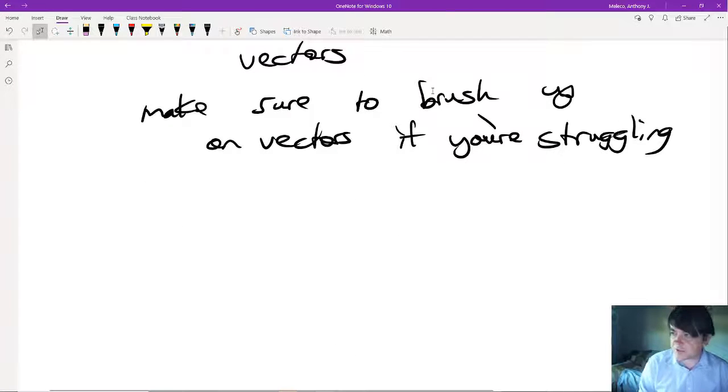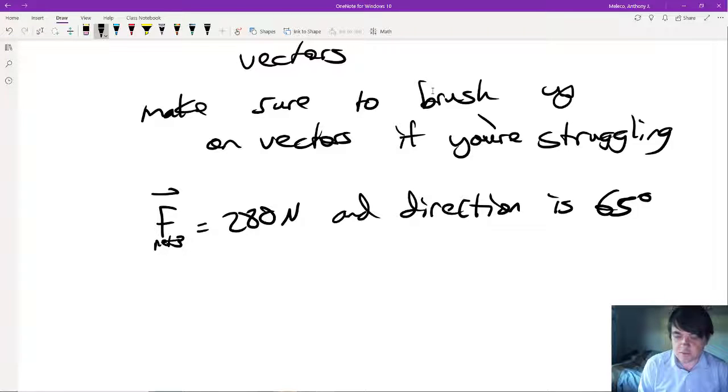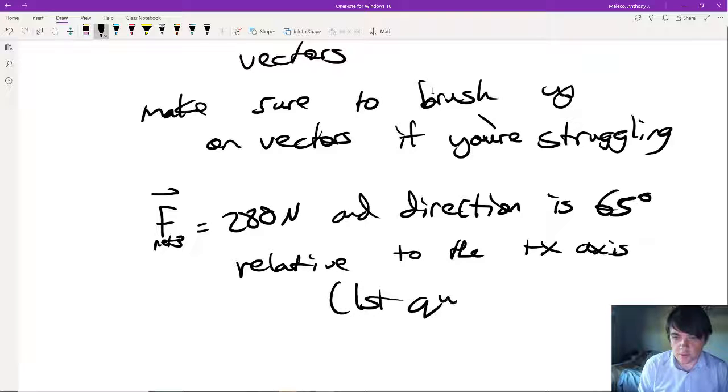So to put this all together, F3, the force on 3, or the net force on 3, whatever we're calling it, was 280 newtons. And direction is 65 degrees relative to the positive x axis, which was the first quadrant, okay?